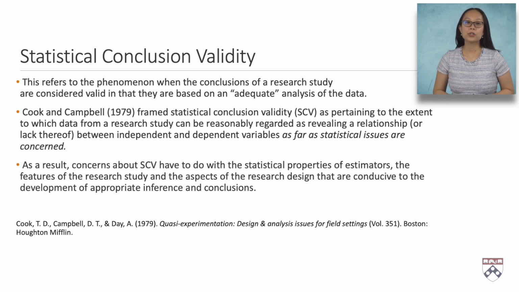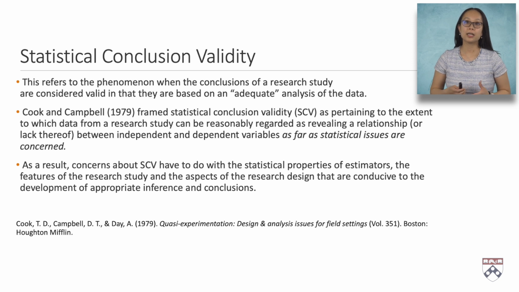So as a result, concerns about SCV have to do with the statistical properties of estimators, the features of the research study, and the aspects of the research design that are conducive to the development of appropriate inference and conclusions. In other words, statistical conclusion validity refers to whether the conclusions that we make from a research study, particularly those based on statistical estimators or different types of inferential tools from statistics, are valid and appropriate for the study at hand.